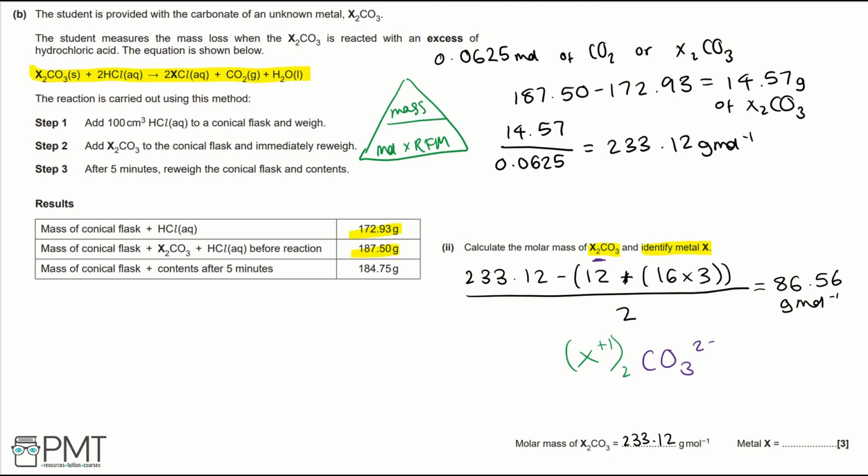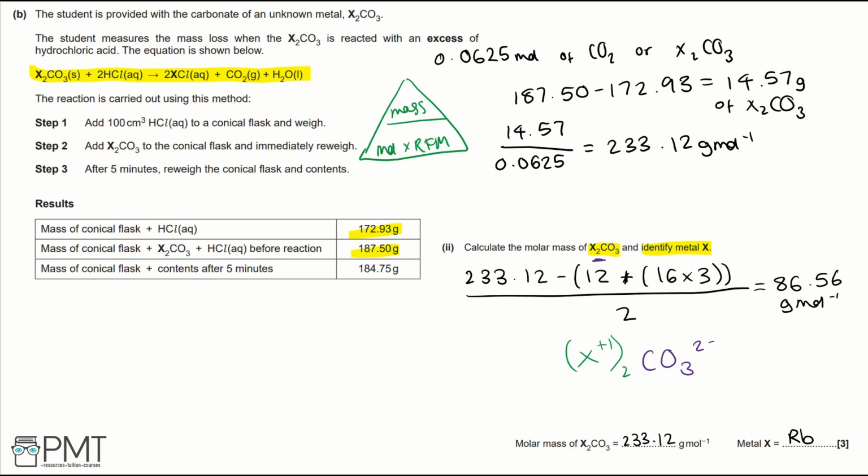So we're looking for our element in group 1 of the periodic table with a relative atomic mass closest to 86.56. And the closest one to this is rubidium. Its actual relative atomic mass is slightly lower than 86.56, but it is the closest group 1 element.